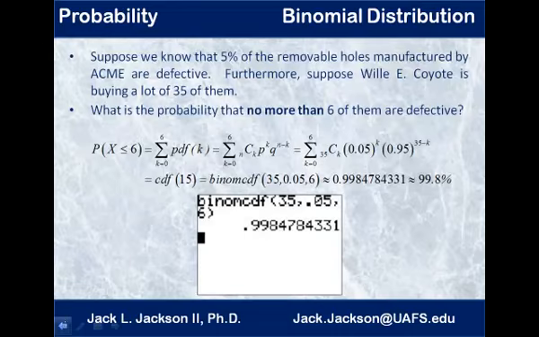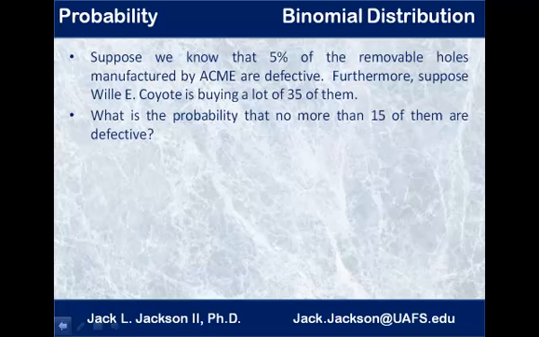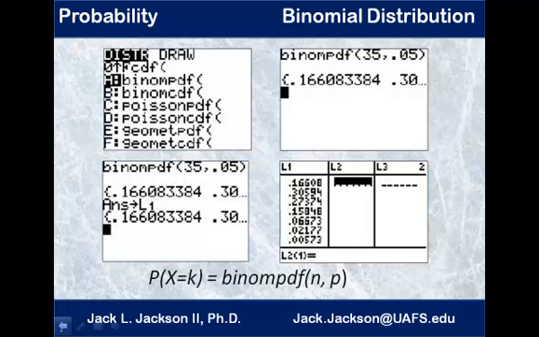So notice in the previous slide, I'll fix that in a little bit, what we're doing is we're adding up these 1, 2, 3, 4, 5, 6, 7. Actually, all the numbers we see here we're adding up because these are the probabilities that x equals 0 defective, 1 defective, 2, 3, 4, 5, and 6 defective.